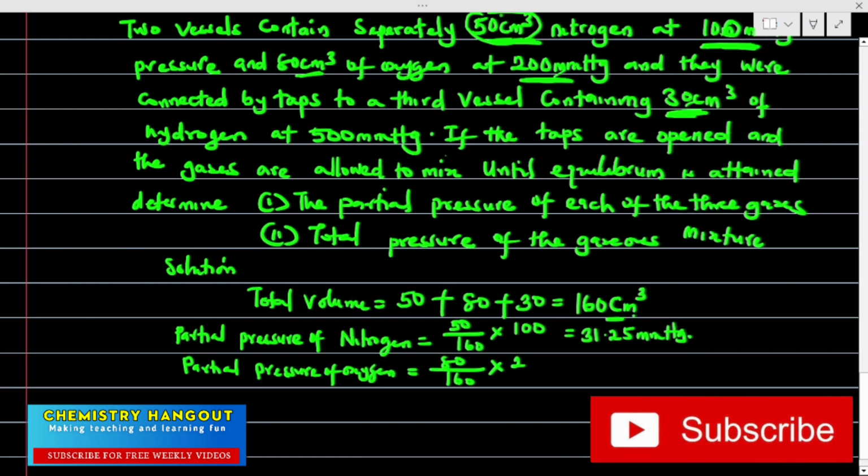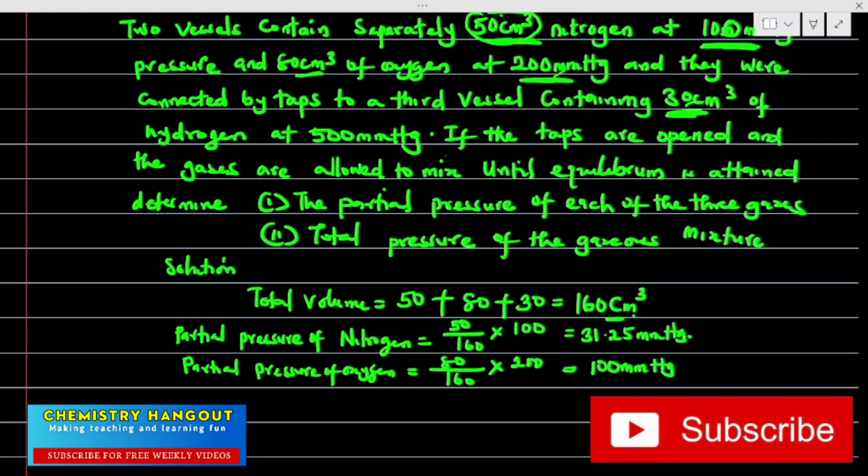Using our calculator, 80 times 200, divided by 160, and that's 100. That's 100 mmHg.